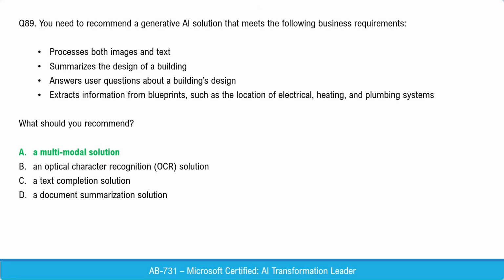Option D, document summarization is also limited to text. It can summarize documents but cannot analyze visual content or extract structured information from diagrams. So the key takeaway is when a solution needs to understand both visual and textual information together, a multimodal approach is required. That's why the correct answer is option A.